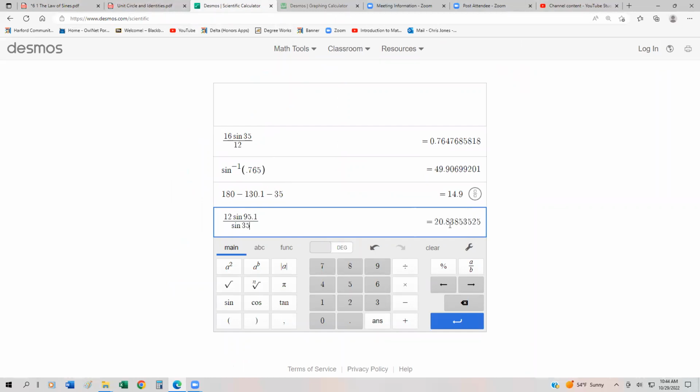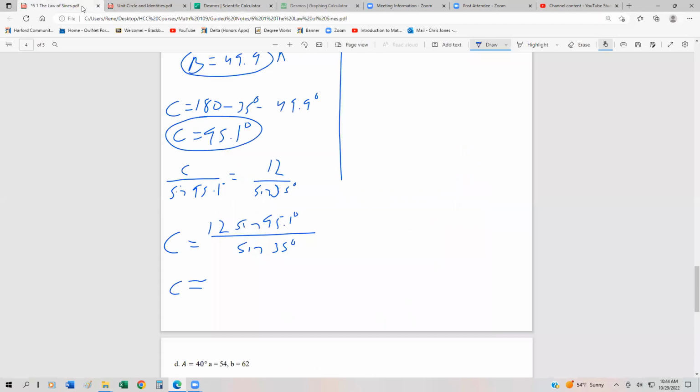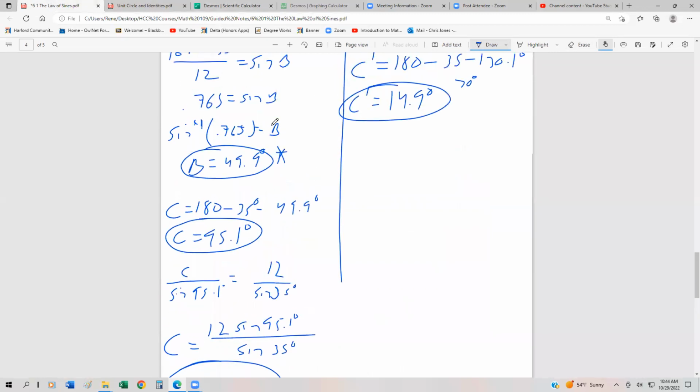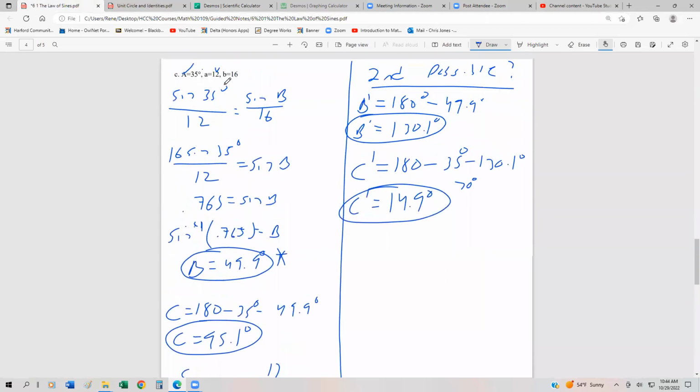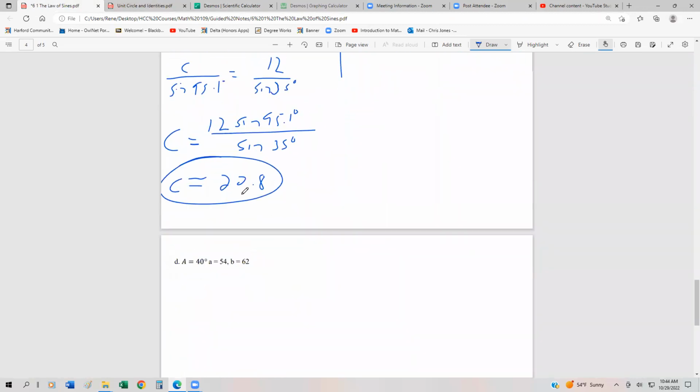So we get 20.83 or 20.84. Okay, so I'll just say 20.8. So that's going to be one set of the conditions. Notice we have angle A, B, and C, and we have side A, side B, and side C.